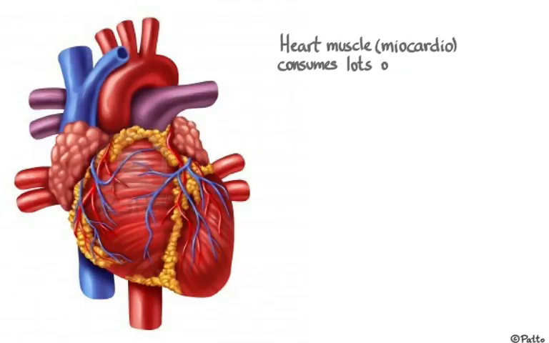Okay, so if you see it from outside, you see that the heart is a muscle, and as a muscle, it also needs to consume oxygen and glucose and nutrients in order to pump. The heart receives blood, which makes us think that it wouldn't need its own blood vessels, but it does, because the blood passes through the inside of the heart, which is sometimes very far away from many cells.